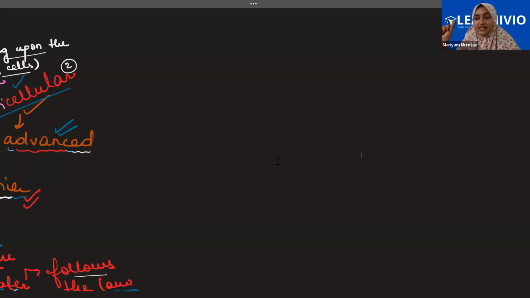Arteries are those blood vessels that transport oxygenated blood, except for which artery? Pulmonary artery. Very good. What does it do? It transports deoxygenated blood. Then what is the function of veins? They transport deoxygenated blood, except the pulmonary vein. Okay, all right.